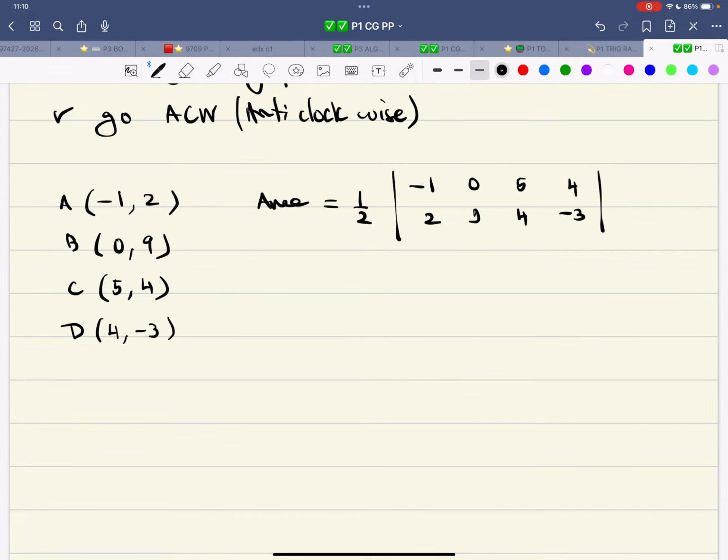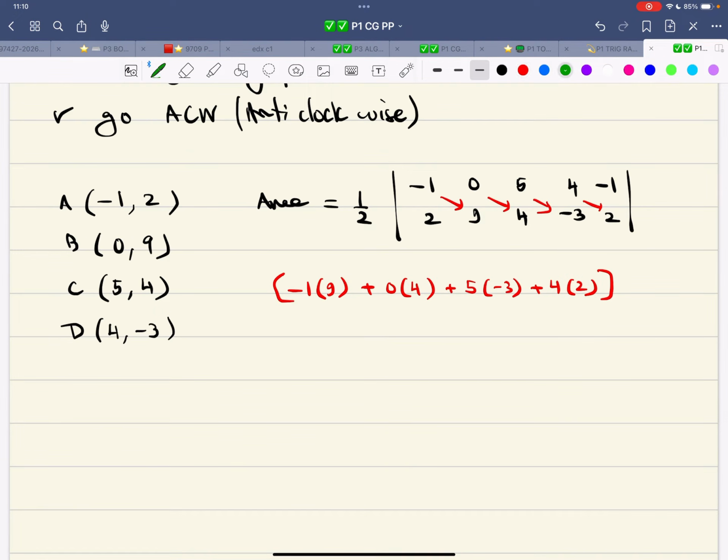So now let me apply in this direction, multiply, multiply, multiply. One other thing which I forgot, let me choose this way, and black marker again, -1, 2 written last. And one other red marker like this. So let me first multiply it out. -1 into 9, 0 into 4, 5 into -3, 4 into 2, bracket closed.